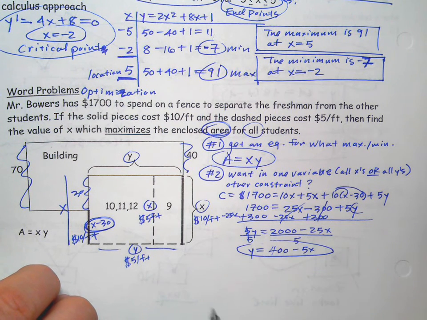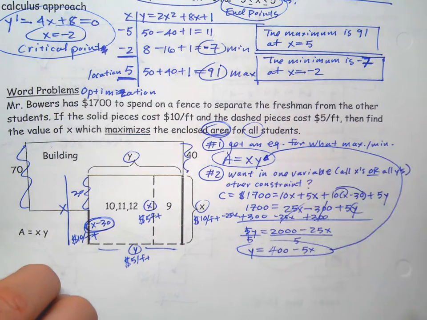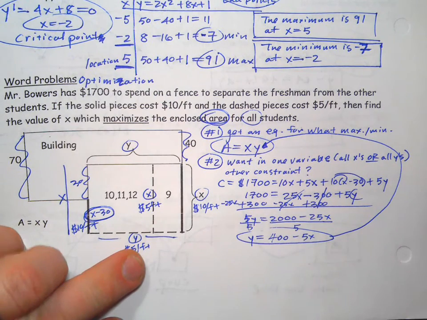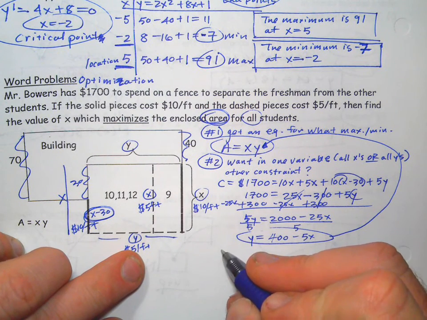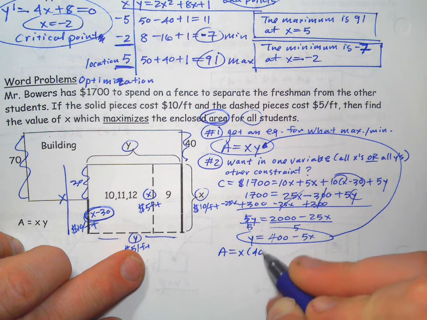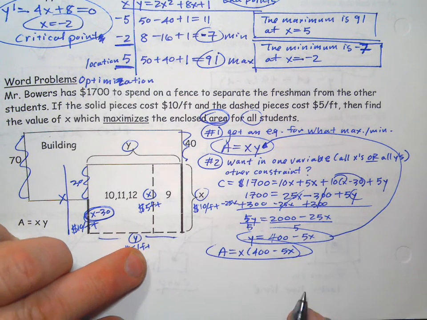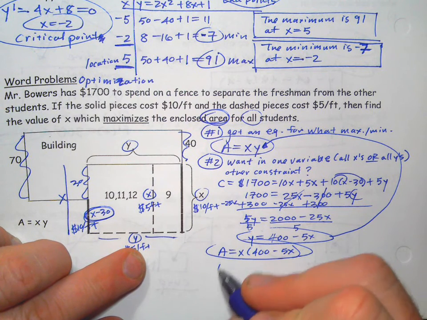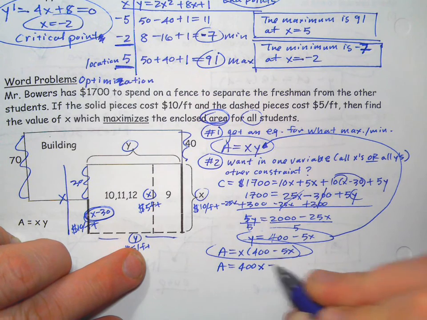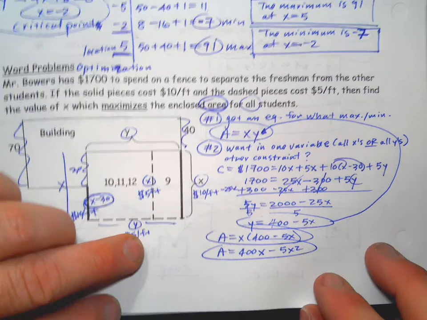So we're trying to get one variable, and what we're going to do now is plug that back in up here to our previous equation so that now we have all the same variables. x, parentheses, 400 minus 5x. So there we go. We have an equation in terms of one variable. It might be helpful for certain parts of your work to go ahead and simplify it. But sometimes it might be helpful to use the unsimplified version. So I'm going to keep both of them.